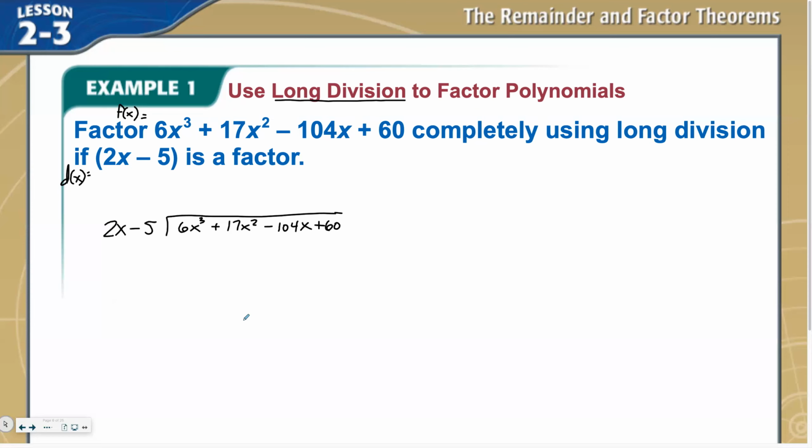I'm going to walk you through the steps of how we do long division. It's the same concept of what we were just working on, except we've got to detail how we get started. Here's the first thing you're going to do. You're going to divide the leading term of f of x by the leading term of the divisor, which is d of x.